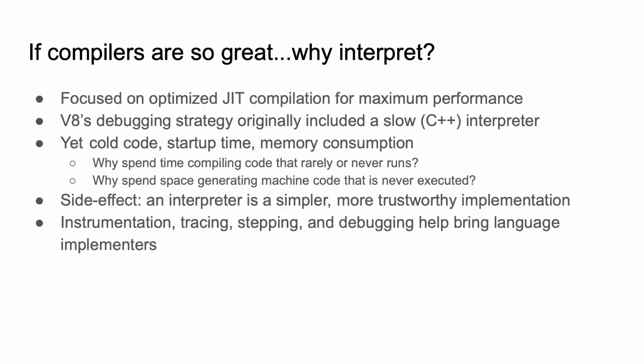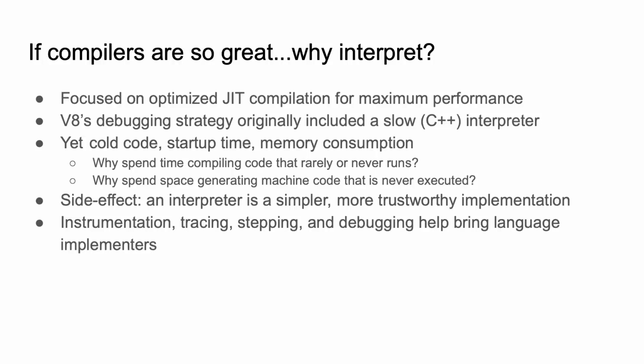The idea was that if you stop your Wasm code, and of course it's a bytecode, so maybe you want to use some source level information, but eventually it boils down to stopping the bytecode somewhere, stepping through the bytecode and seeing the state of the virtual machine. And our plan was to use a C++ interpreter for that. That never really happened. It ends up now that if you debug WebAssembly code in V8, it happens in the baseline compiled code.